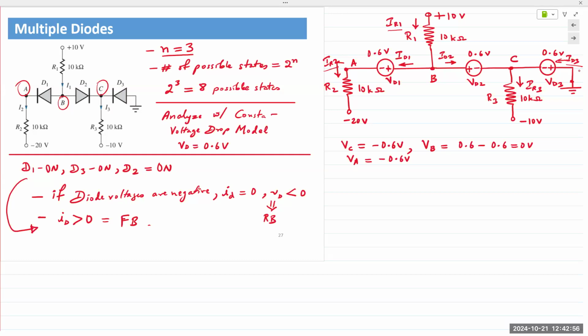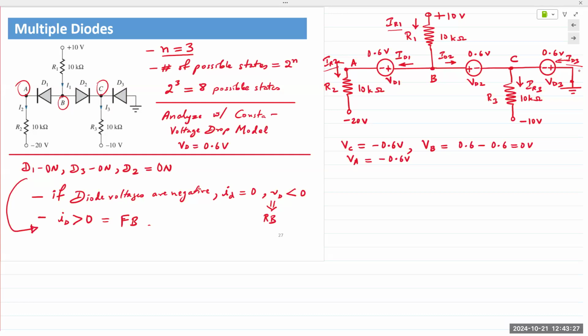We can state that IR1, the current coming from the top, splits into two diode currents, ID1 and ID2, by applying KCL at B. And then we can also apply KCL at C to determine that IR3 is equal to ID2 plus ID3. So there's a whole bunch of equations we can use. Let's start with ID1 and IR2 because that seems to be the simplest.